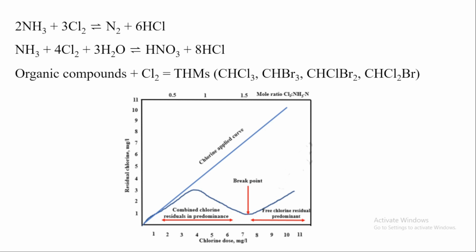I have already explained what trihalomethanes are. Sometimes ammonia reacts with chlorine and gets attached to the chlorine to form chloramines. Those are the form of residual chlorine that is present in the water after chlorination.